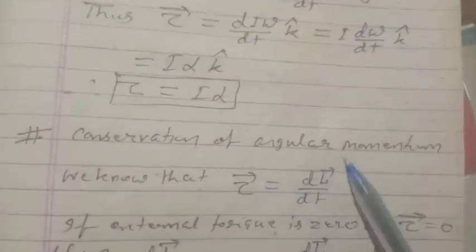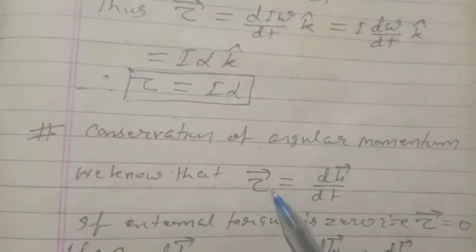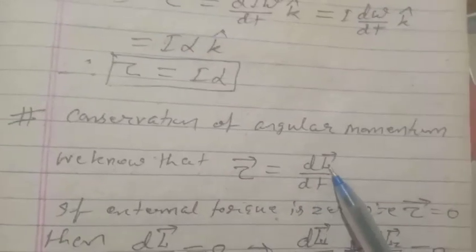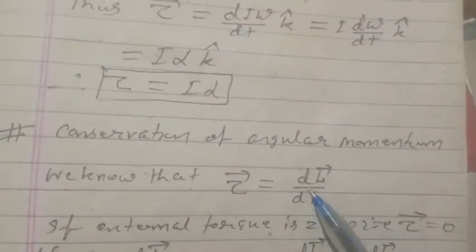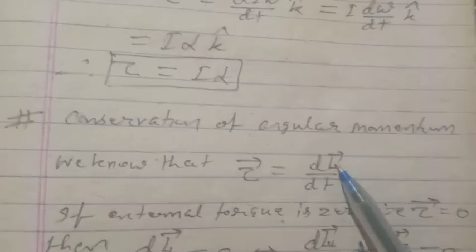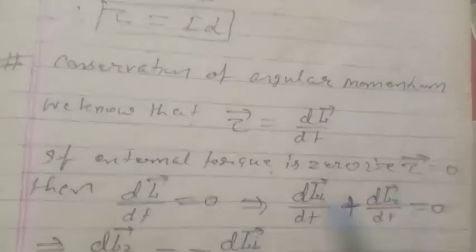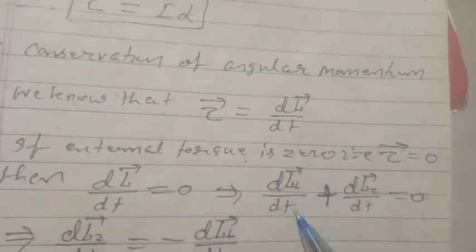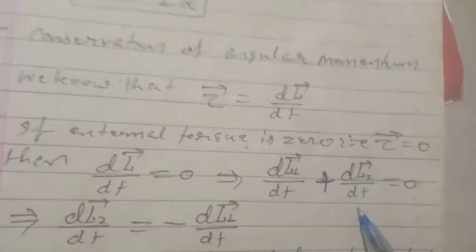Now conservation of angular momentum. We know that tau vector equals dL vector by dt, that is, the differentiation of angular momentum is the torque vector. If external torque is 0, that is tau vector equals 0, then dL by dt equals 0. This implies dL perpendicular by dt plus dLz by dt equals 0. This implies dLz vector by dt equals minus dL perpendicular by dt.